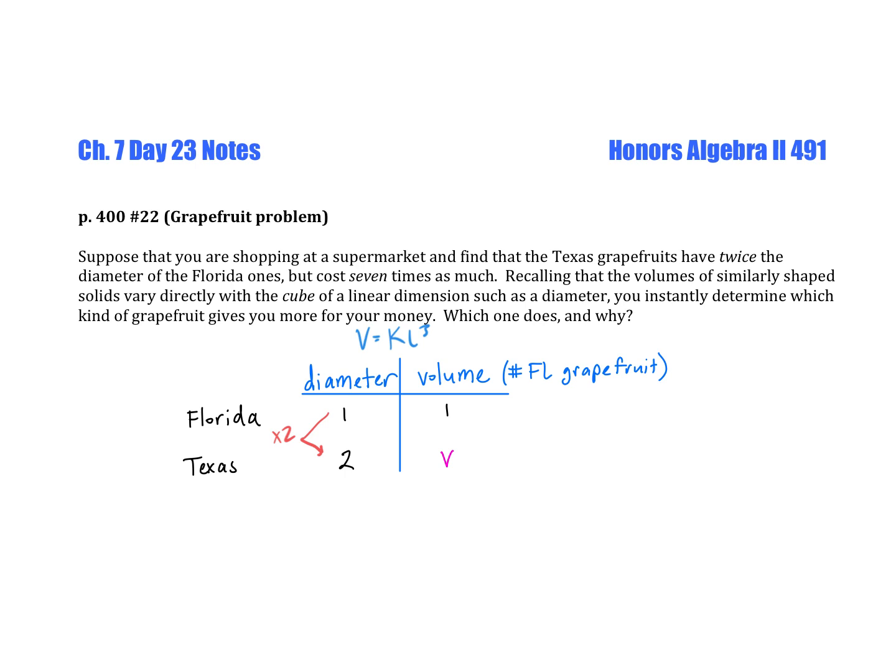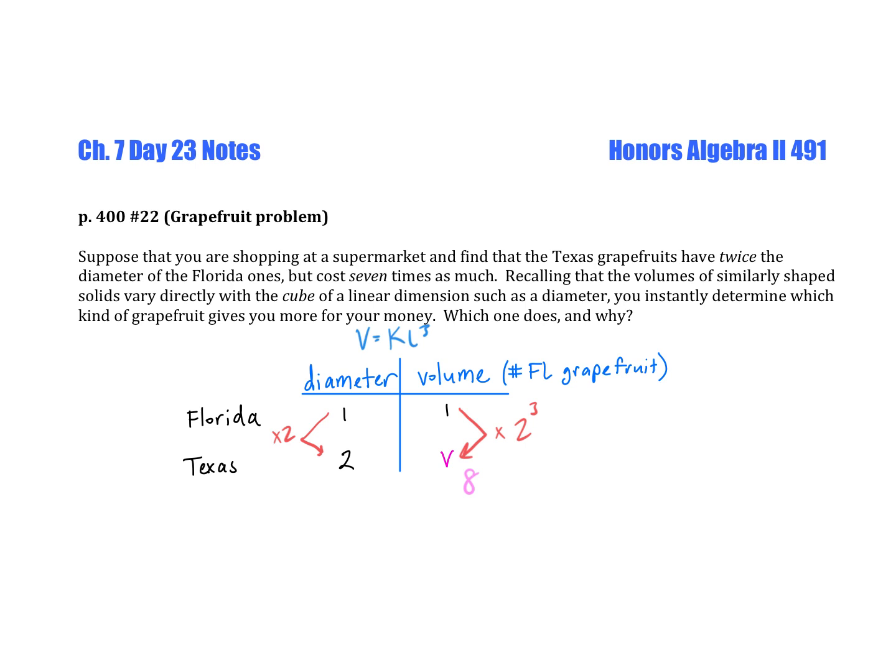So then to get the volume of a Texas grapefruit in terms of a Florida grapefruit, we are going to multiply by, hopefully you're saying it to yourself, 2 to the 3rd power. So what we get is V equals 8. Okay, so we have to think about it.